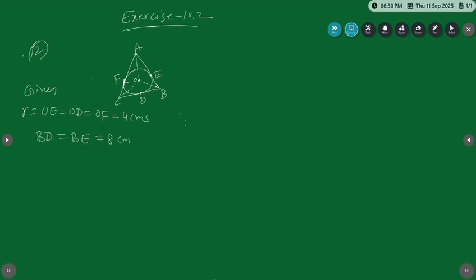C is the external point of tangents CD and CF, so CD equal to CF equal to 6 centimeters, given. Let A be the external point of the two tangents AF and AE. So AE equal to AF equal to X centimeters.